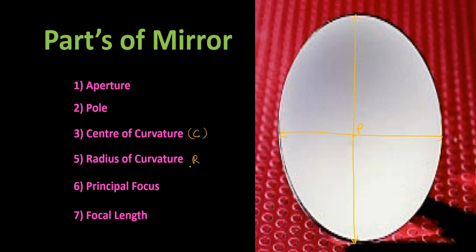Radius of curvature is the distance between center of curvature and pole of the mirror. Principal focus is the point on principal axis where the parallel beam of light rays after reflection converge to or appear to diverge from. Focal length is the distance between principal focus and pole of the mirror.